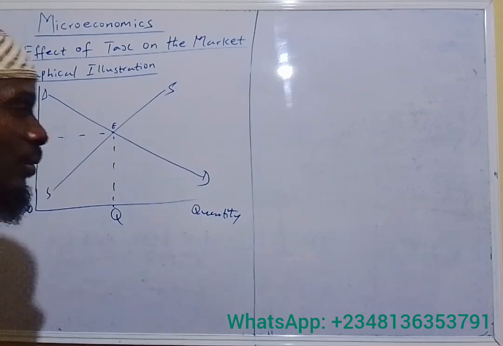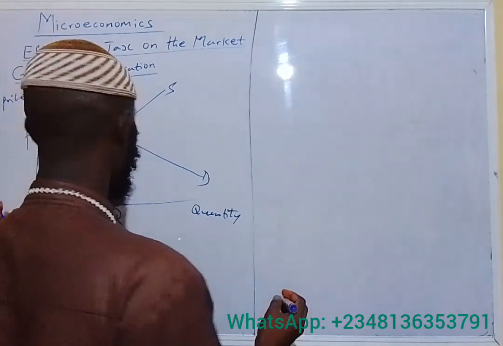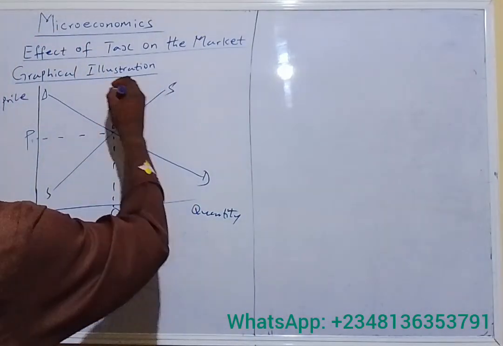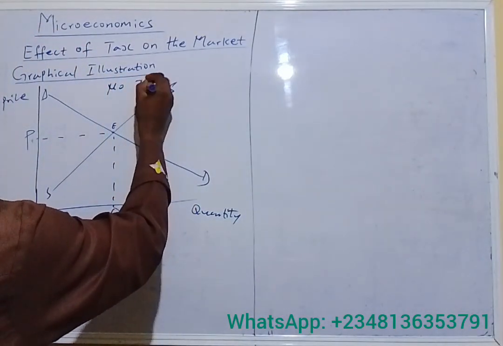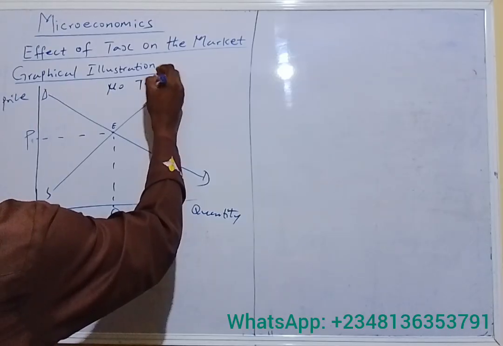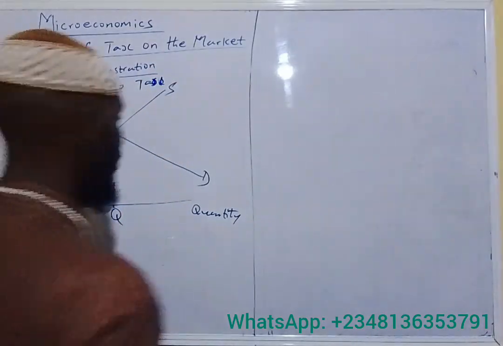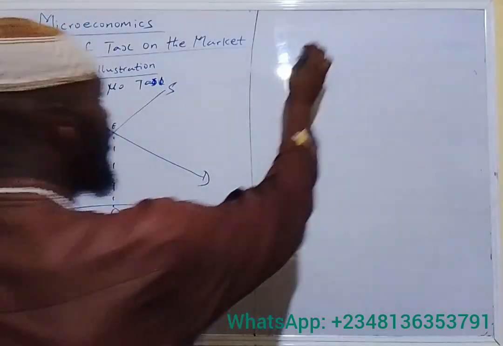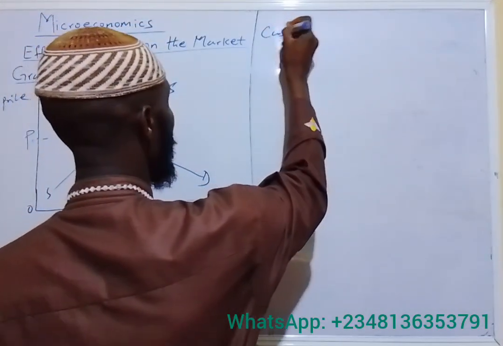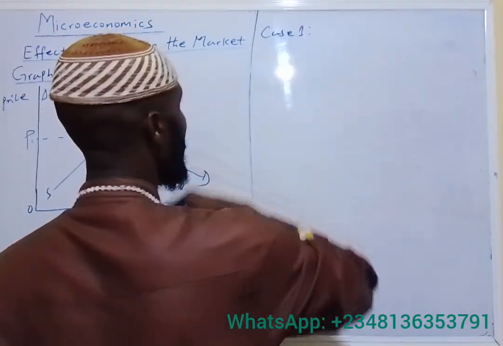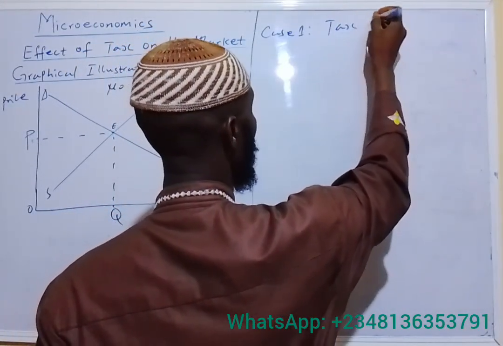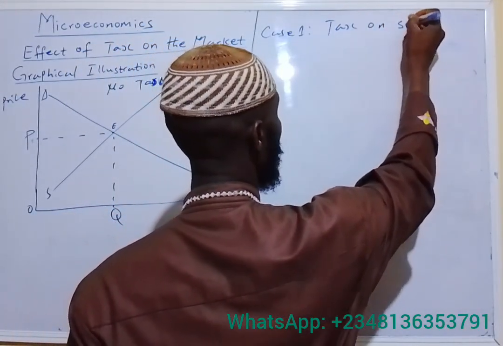Let's assume that we have this market; we are going to redraw this. No tax here. This is case 1. Let's assume that tax is imposed, that is, tax on the seller.